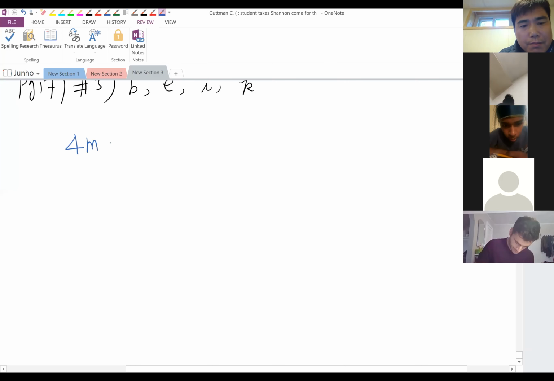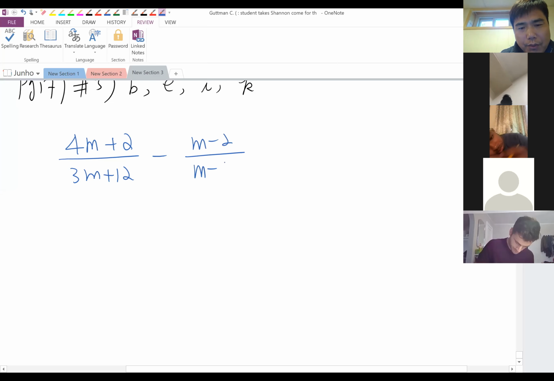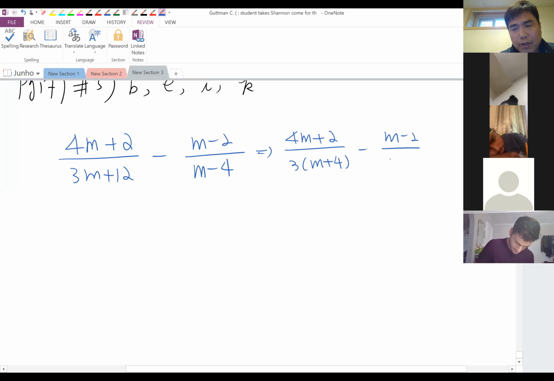4m plus 2 over 3m plus 12 minus m minus 2 over m minus 4. After factoring the denominator, you will get 4m plus 2 over 3 times m plus 4 minus m minus 2 over m minus 4 so far, right?